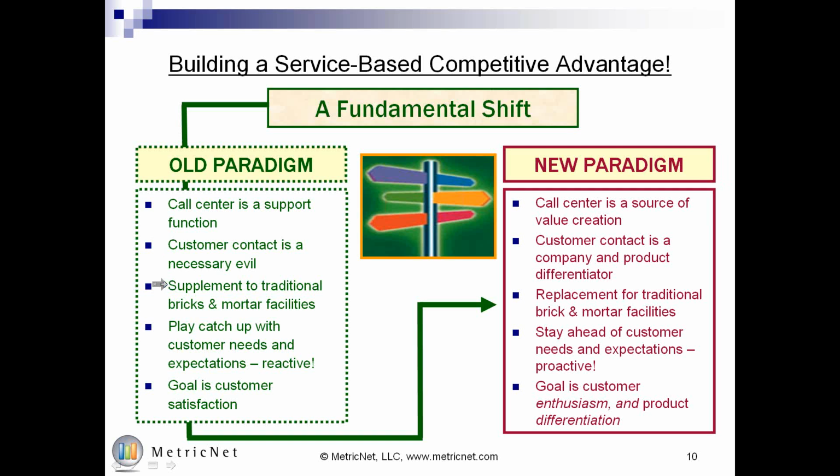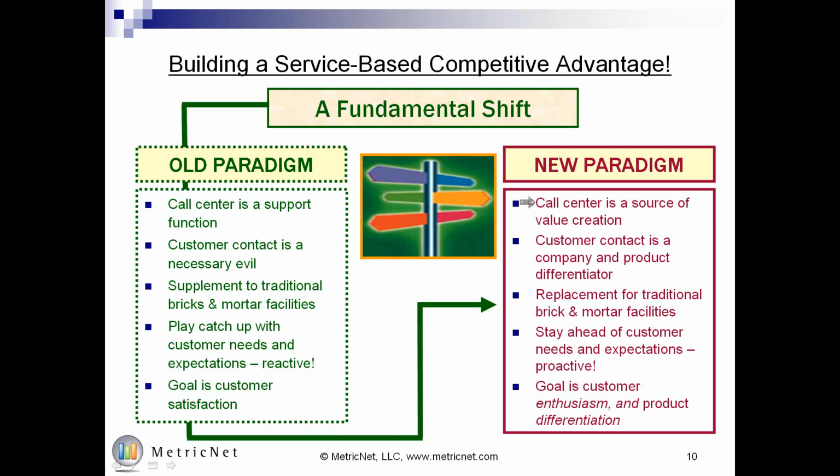It was viewed as a supplement to traditional brick and mortar facilities. So instead of walking into a retail bank or a AAA office or a local office of your insurance company, the call center was viewed as a supplement to that. And typically, they were behind the curve. They were reactive. They were playing catch up to customer needs and expectations. The goal in this environment was mere customer satisfaction.